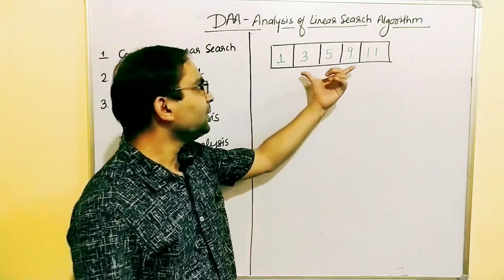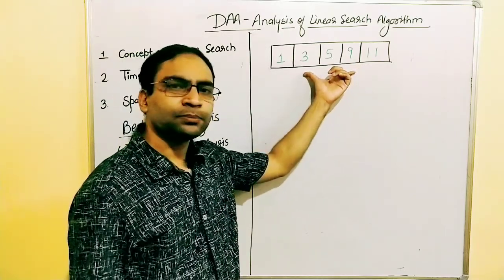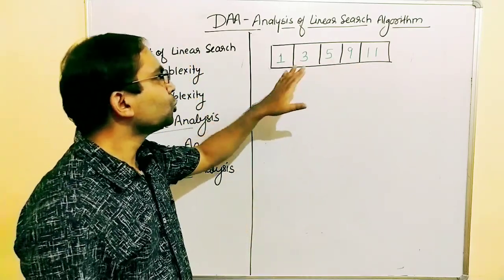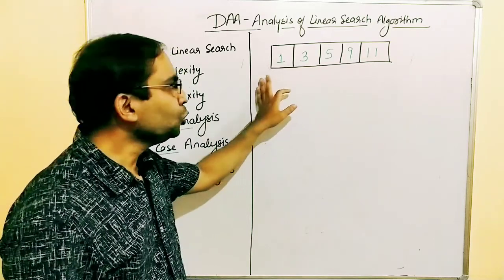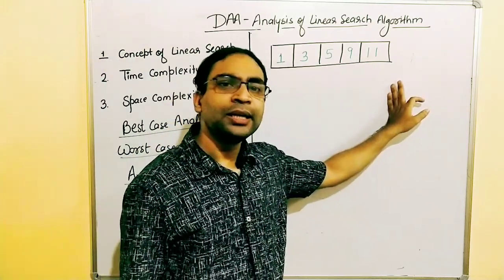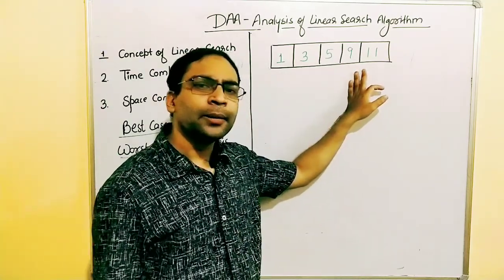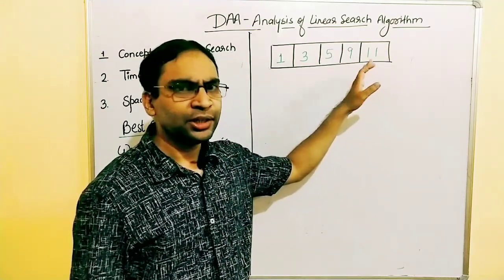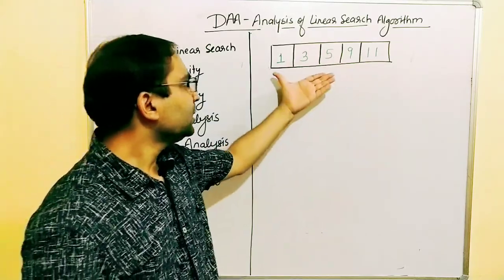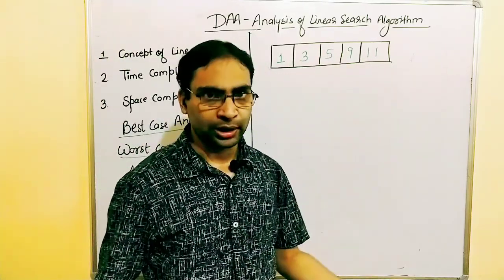Here I have created an array of 5 elements, and the user wants to search for an element in this array with the linear search algorithm. This array may or may not be sorted, so linear search does not require the elements to be pre-sorted.